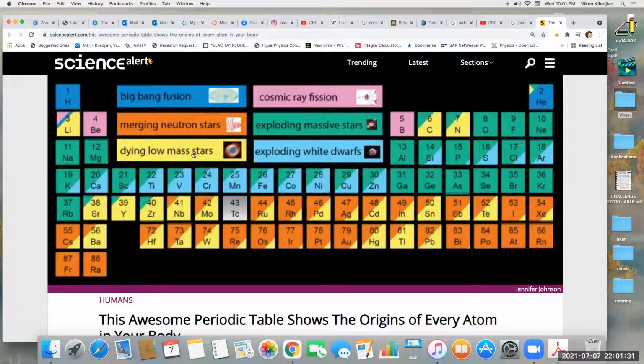Okay. Then the other ones, exploding massive stars. Those would be anything beyond 10 solar masses, which die as a supernova explosion. Type 2 supernovas, they're called.